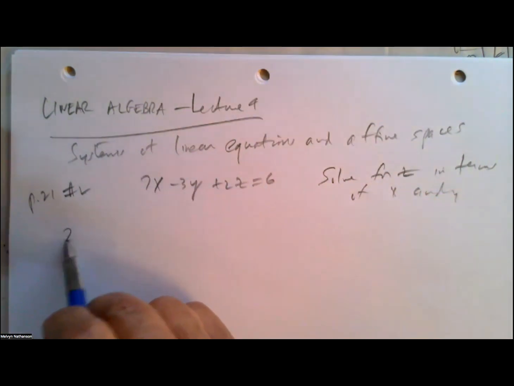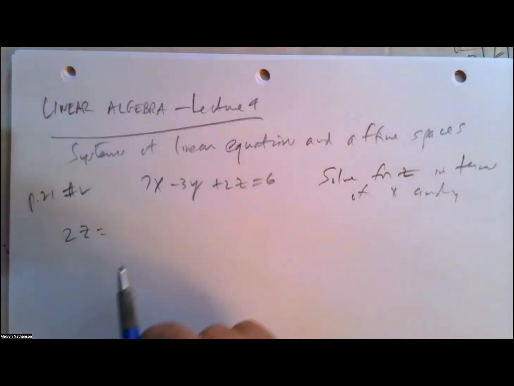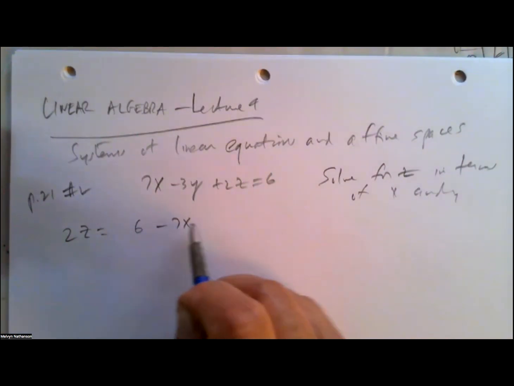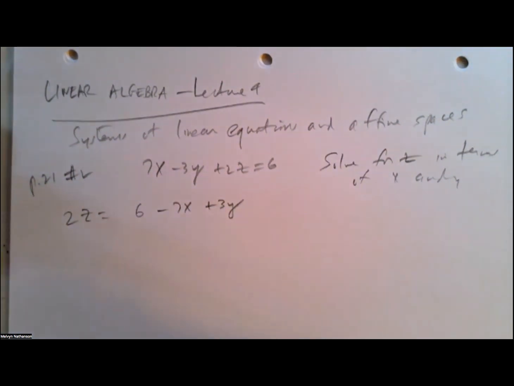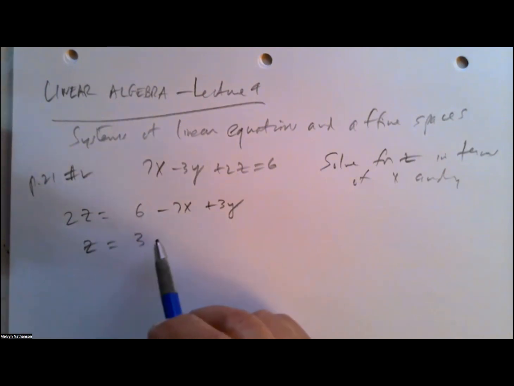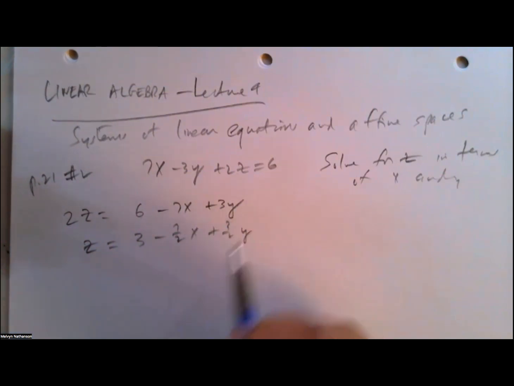So 2z, you bring everything else to the right-hand side of the equation, is 6 minus 7x plus 3y. Again, you have to check my arithmetic because everybody makes mistakes and you have to find the mistake and correct it if you made a mistake. Divide by 2, you get 6 over 2 is 3 minus 7 halves x plus 3 halves y.